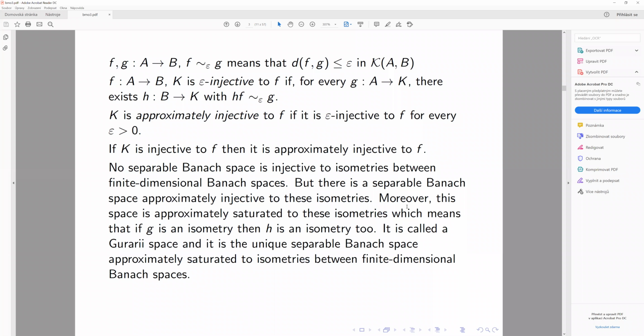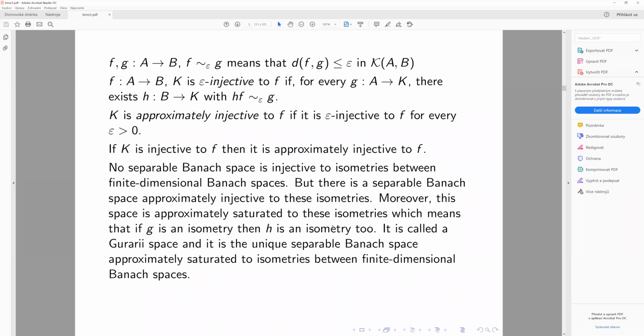So something similar is here as well, because this Banach space, which is approximately injective and separable, is even approximately saturated. And it is unique up to isomorphism, which is not so clear. I will come to it at the end of my talk. But this space is called the Gurariĭ space. Then I will say some history about these spaces at the end.